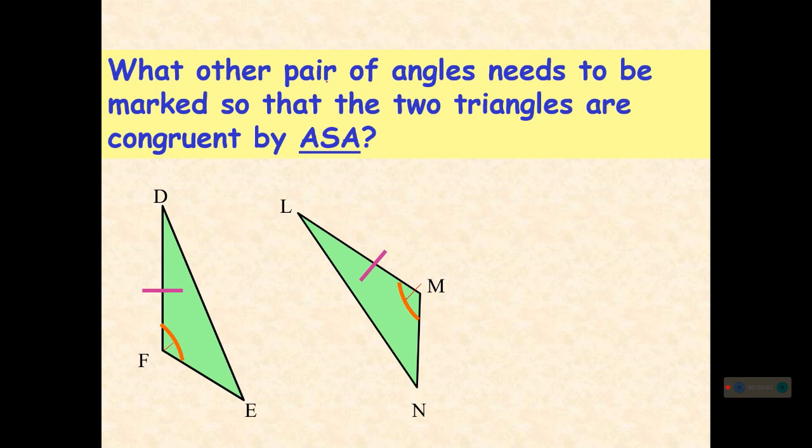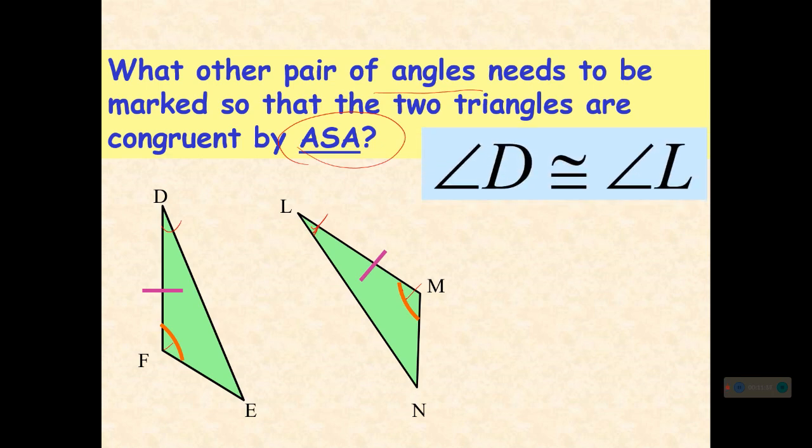So again, the question is, what other pair of angles needs to be marked so that the two triangles are congruent by ASA? Okay, so we have here angle, side, so we have to use this angle. And on the other triangle, we have here angle, side, angle, so that's why we will have to mark angle D, which is congruent to angle L. Okay, so did you get it?